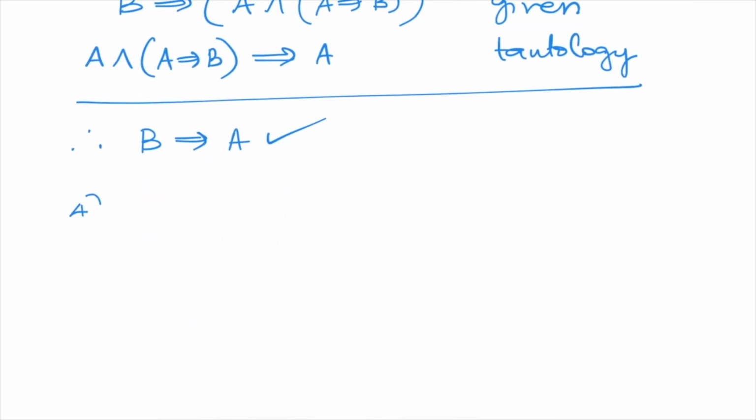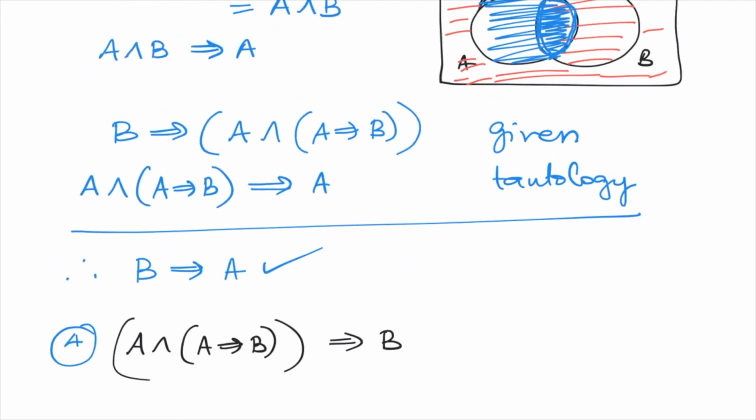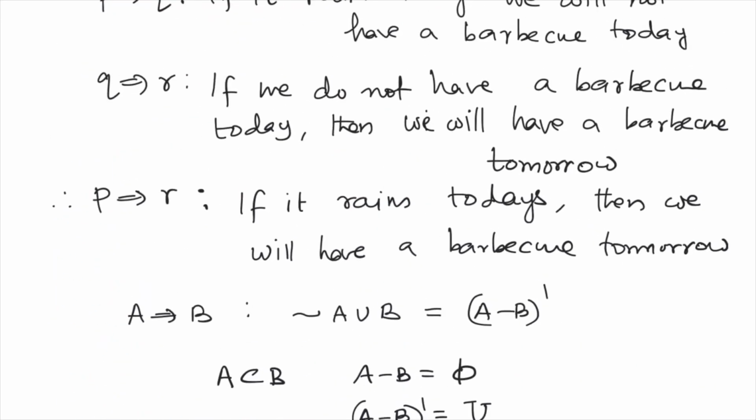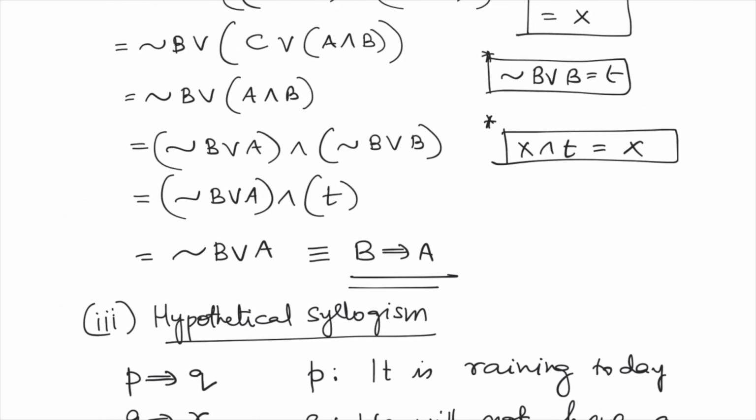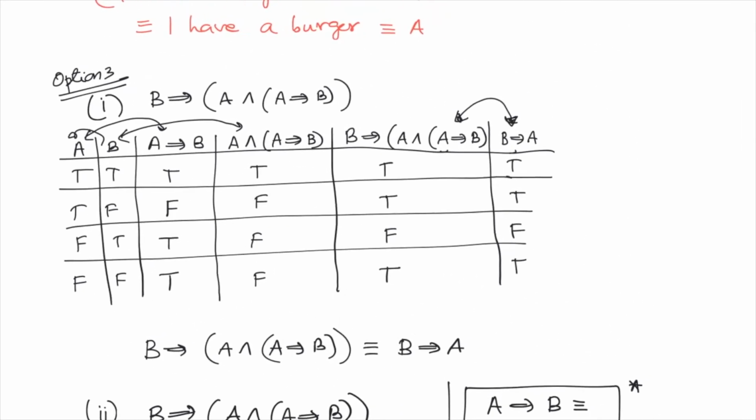Option number 4 is A and A implies B implies B. One method is to do it using truth tables. So let's see the truth table. We have already drawn the truth table for the converse. Now let's just add one more column here.